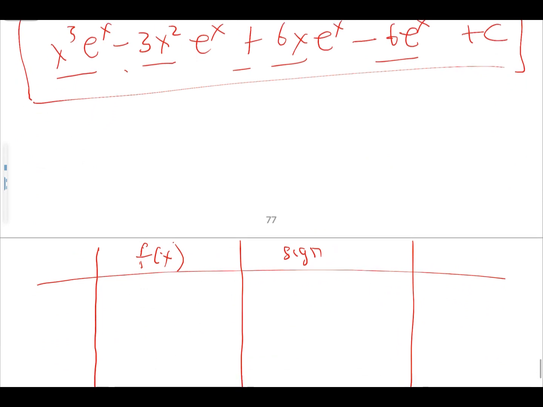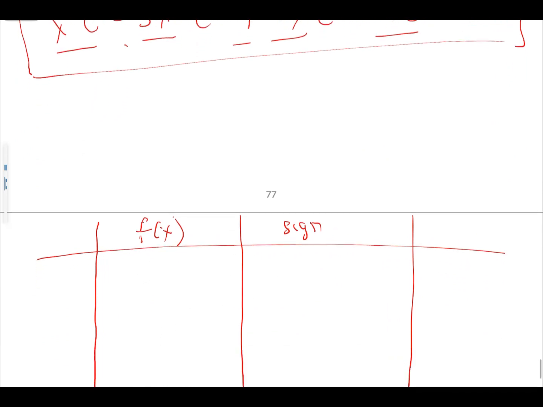That's the trend over here. Is it going to be negative? Is it going to be positive? And then the next one is your g of x. Your g of x is going to be the repeated integral, and then your f of x is going to be the repeated derivative.